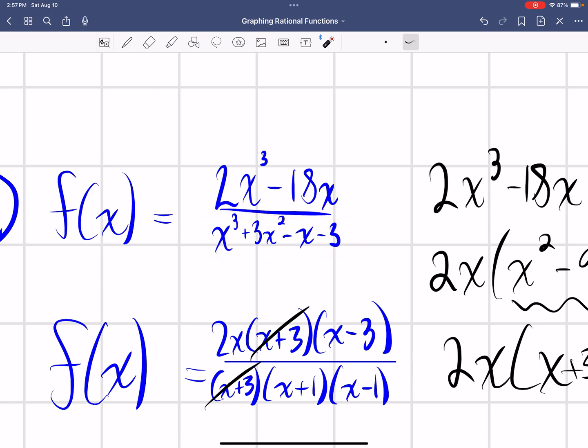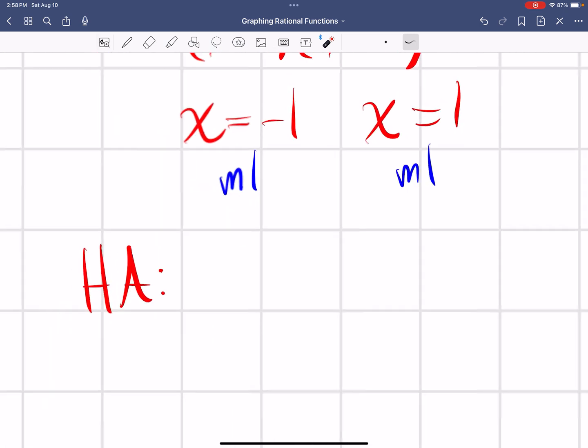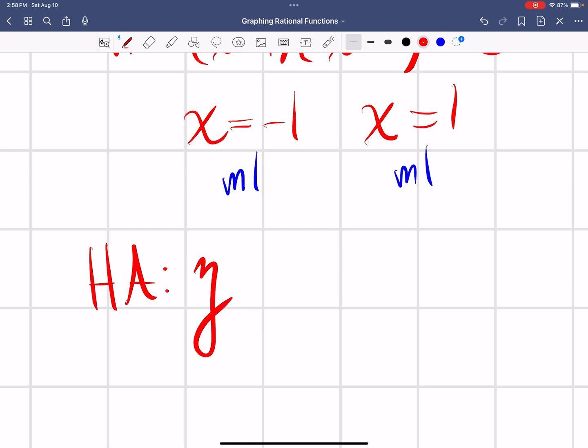And when your numerator and denominator have the same degree, the rule is that you have a horizontal asymptote whose equation is y equals the leading coefficient of the top over the leading coefficient of the bottom. So it's y equals 2 over 1, or just y equals 2. And again, that is because they had the same degree on the top and bottom.